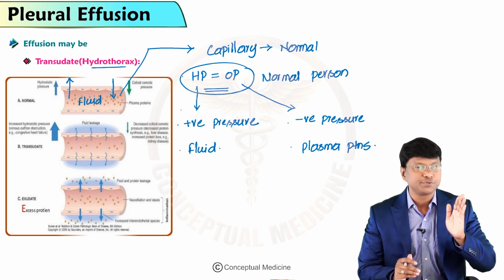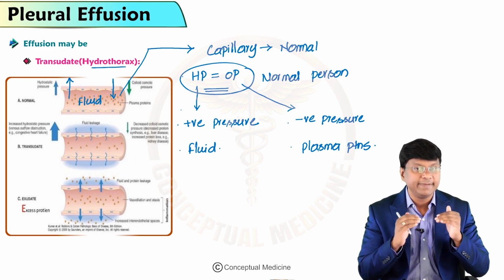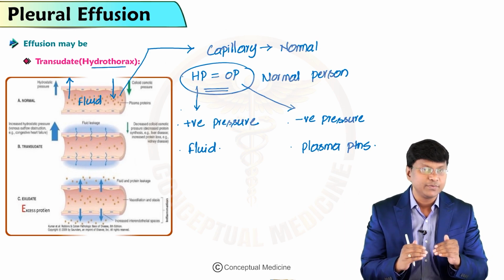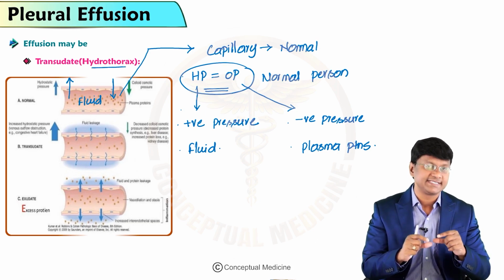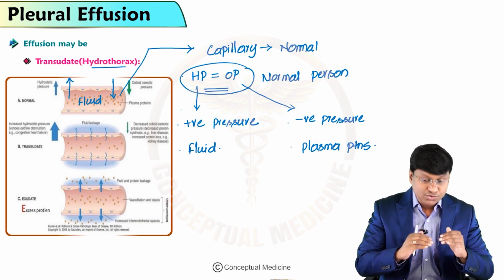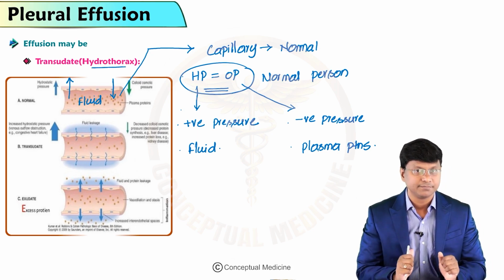So the pressure which is pushing out the fluid and the pressure which is pulling the fluid inside will be equal, and that will result in the presence of the fluid within the vessel itself. There is no extravascular accumulation of the fluid in a normal person because both are equal.